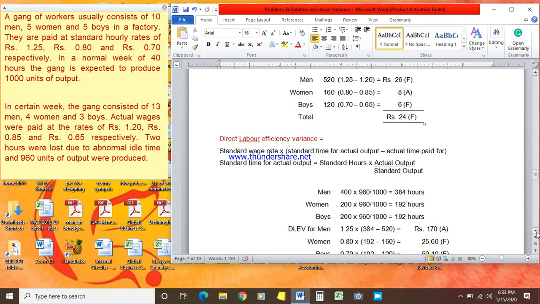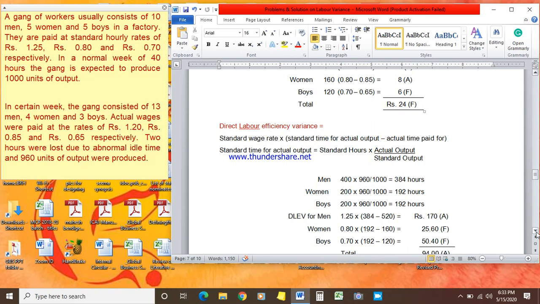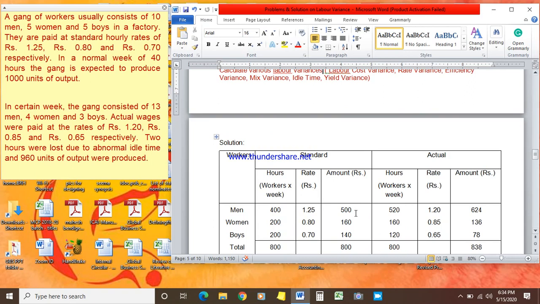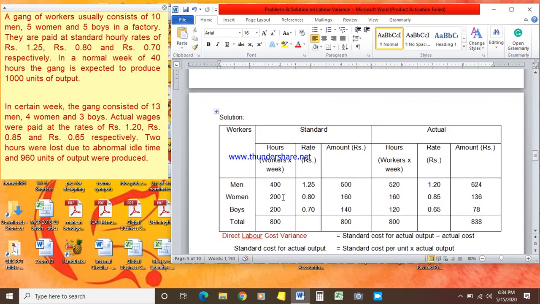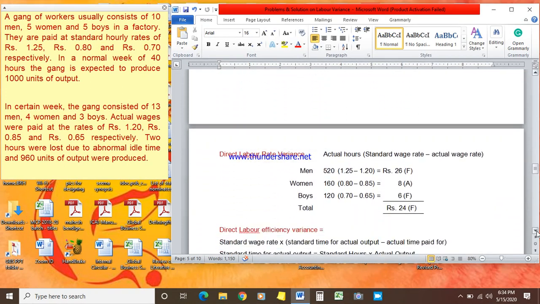The information given for us was basically the standard time for 1000 units, that is 400 hours, 200 hours, 200 hours. But since we are manufacturing only 960 units, we need to find out what should be the standard time.